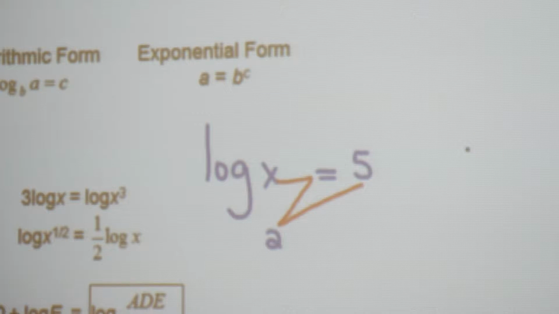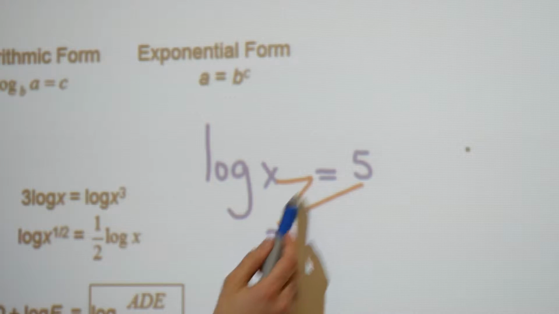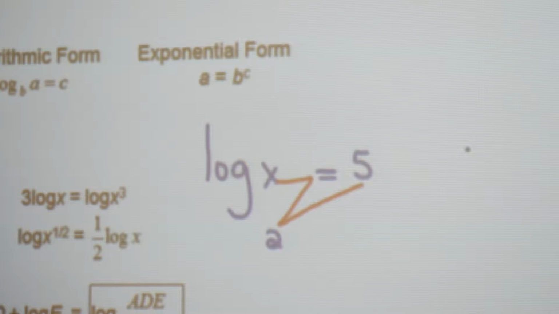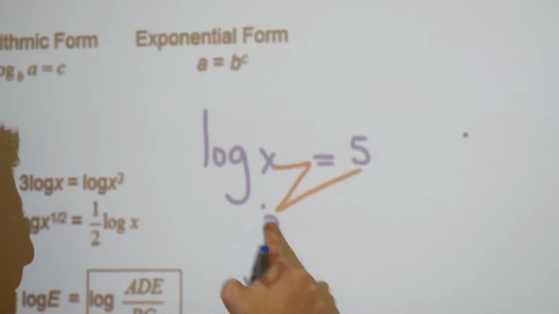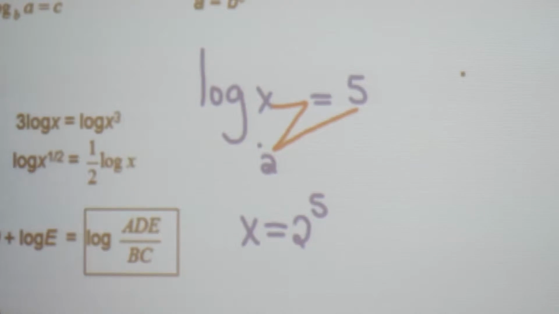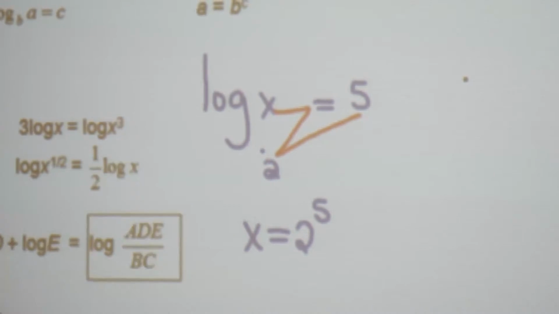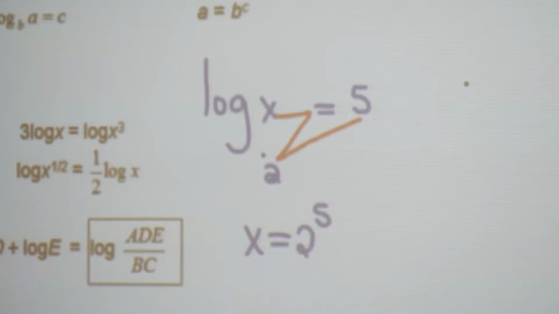So remember, the Zorro sign always essentially kills the log, or the ln. The properties you see here apply to both logarithms and natural logarithms, or lns. x equals 2 to the power of 5. It is as simple as that. So the answer for this mini example would be 2 to the power of 5, or 32.